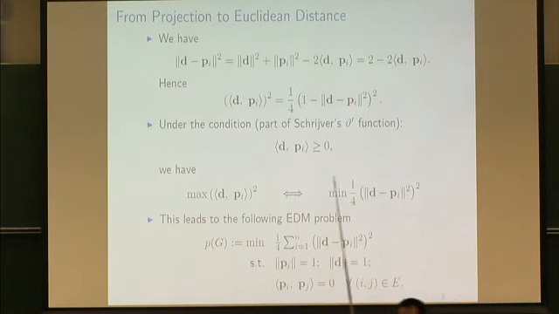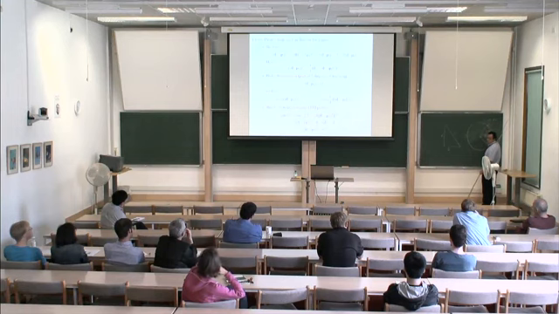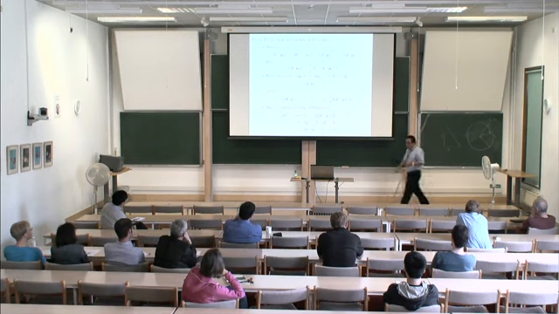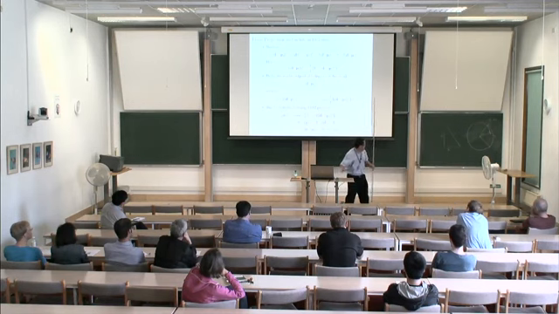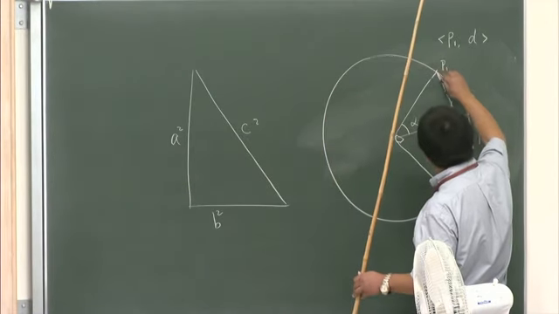Now, because this is the projection, and the projection is of the unit vector, the projection has two parts, this part and this part. This is the Euclidean distance, this part, and also you have this part.